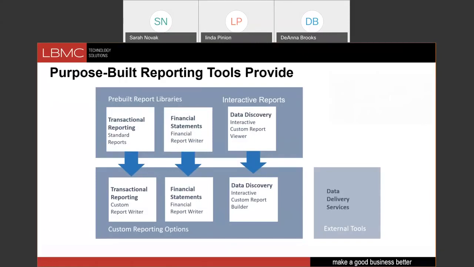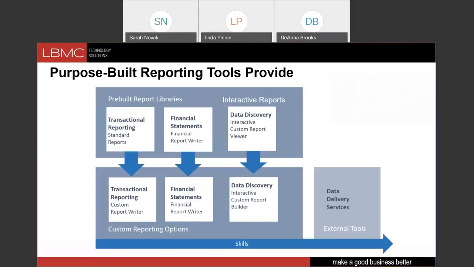They have a purpose, and that is to help you provide your financial reports and your operational reports, if you will. The Interactive Custom Report Writer is a more advanced report writing tool, and we're going to learn a little bit more about it as we go through this section.